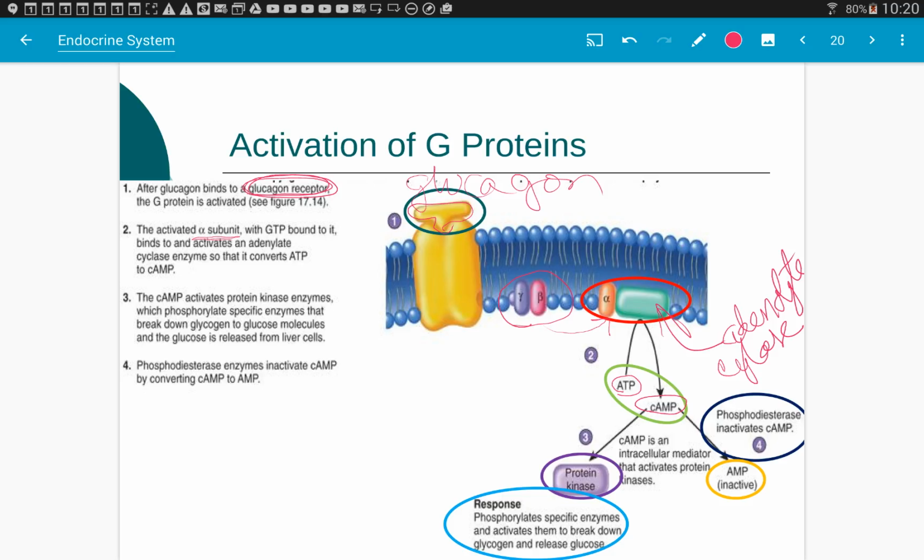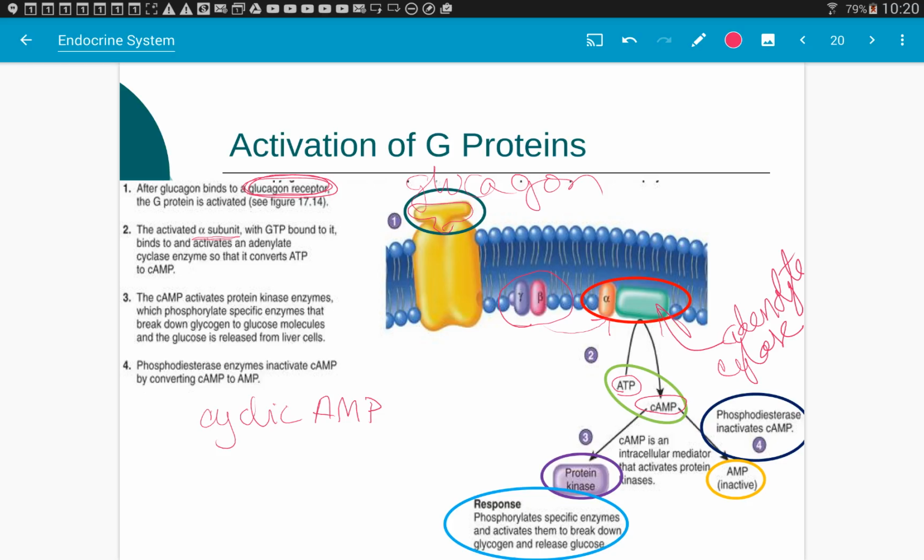That's what cAMP stands for, cyclic AMP. I cannot draw, sorry. And so when you activate that cyclic AMP, you have two things that can occur.